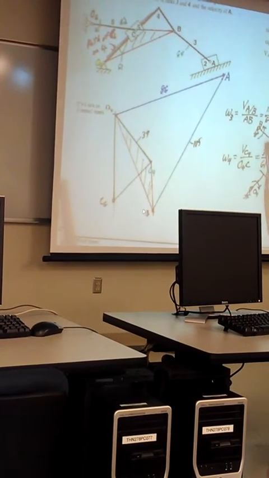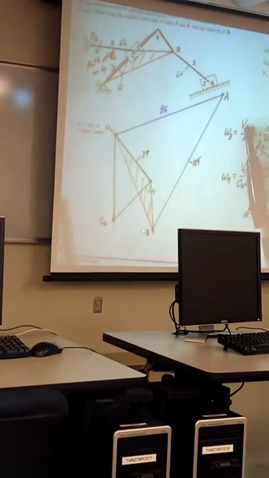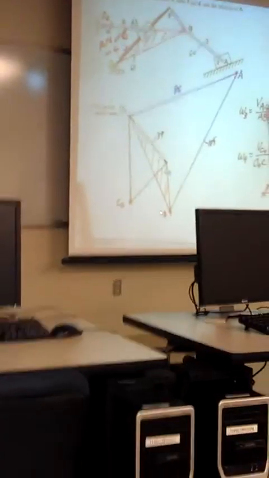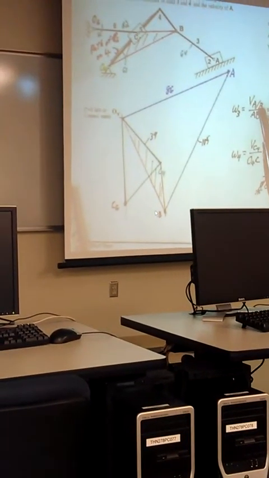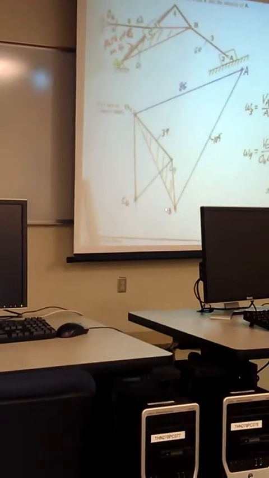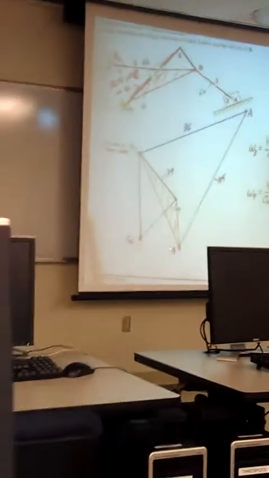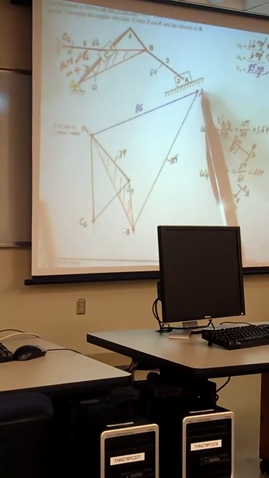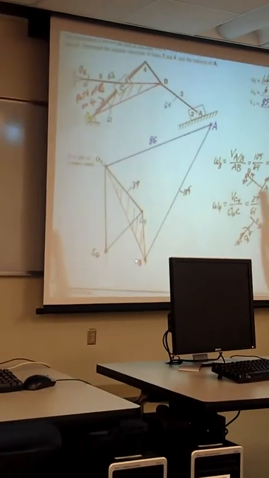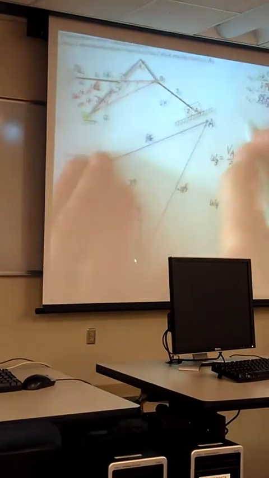Remember last time we said that I could either choose the velocity of A with respect to B or B with respect to A and get the same answer? If I chose the velocity of B with respect to A, I would fix this A. And then the direction of the velocity, if it was B with respect to A, would have its tail at A. The tail was always at the second subscript and would point towards B. So if I had the revolute joint, well, here, let me just do it up here.